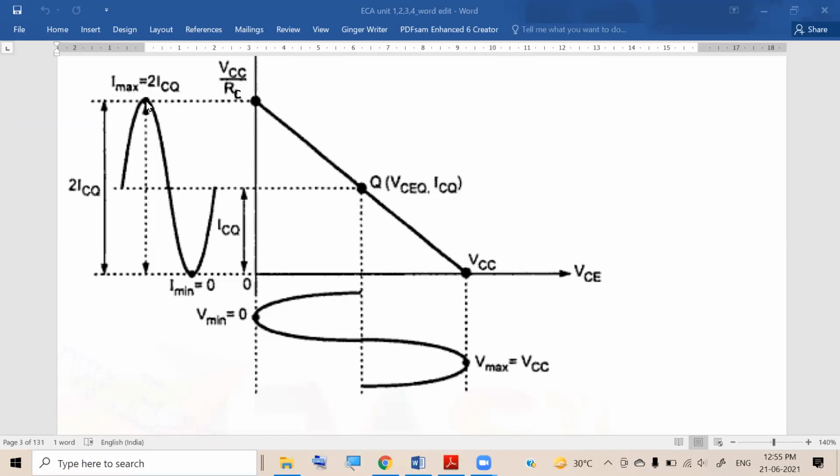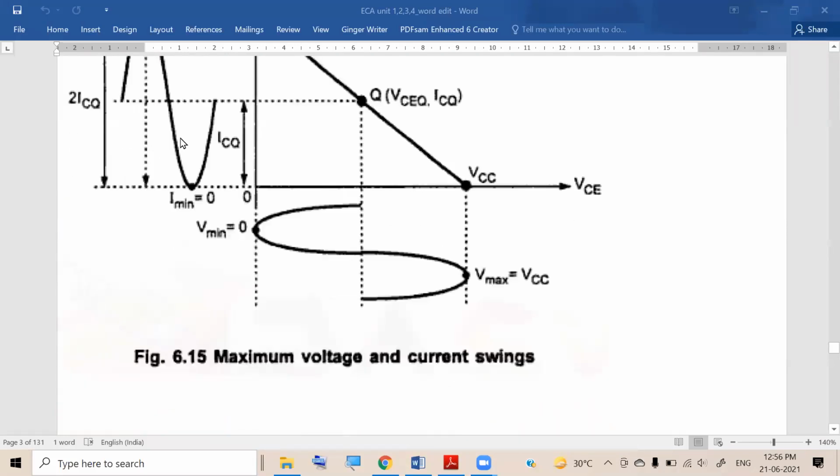Let us say Vijayawada is exactly in the middle. So from here to Vijayawada, how many kilometers? 350. We are doing half, isn't it? So the total distance is I max minus I min. So from here to here, how much will that be? Tell me in terms of I max minus I min. I max minus I min by 2. Very good.